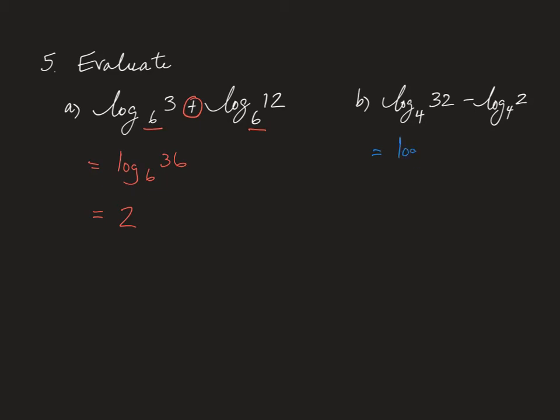So if I viewed that as like a 2 squared and 32 as like a 2 to the 5th, then I could evaluate that first log into 5 halves. I could do the same thing on the second log, and if I viewed my 4 as 2 squared, then I can see that I could evaluate that to 1 half. Now that requires me working with fractions, but they're nice neat fractions, and I get 4 halves, and I work my way down to 2.